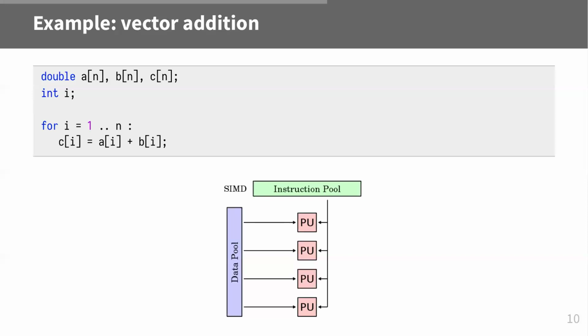Here, all the elements of the 2 arrays. The diagram there shows the instruction pool, a single instruction, addition, going to the individual processing units. In this diagram you have 4 processing units, and they are pulling in the elements, a quarter of the data at a time.